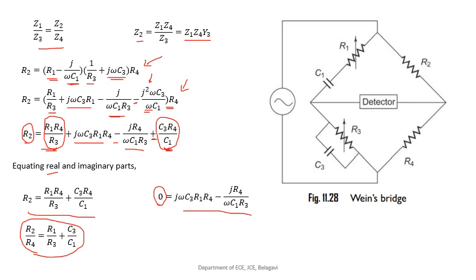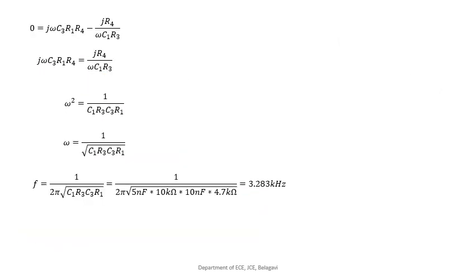In the same way, simplify this. If this is equal to 0, then you can take either of these terms to the other side of the equal sign. So you'll get this, and j will cancel. Now we will equate for frequency, the omega term.